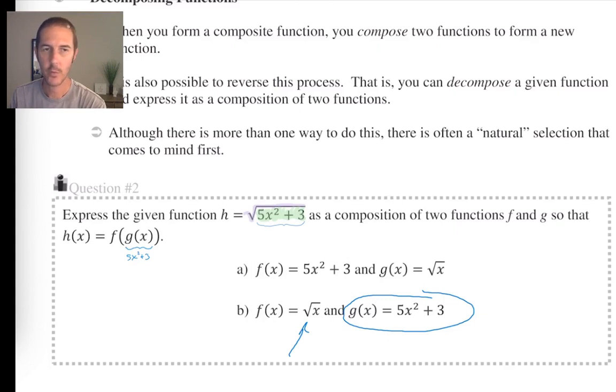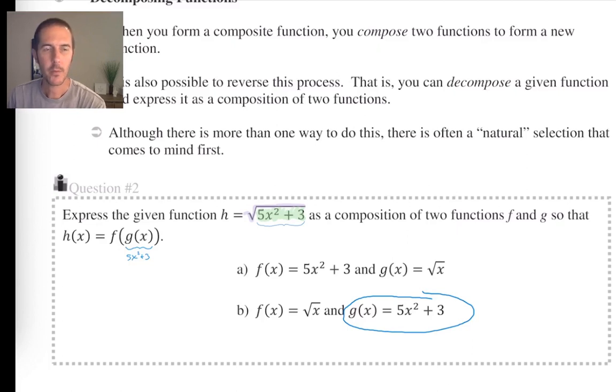All it's doing is square rooting. It's square rooting whatever you give it as an input. In this case, we gave it an input value of g of x, which is a little more complicated than just plugging in a 2, but that's all right. The square root function can handle it.